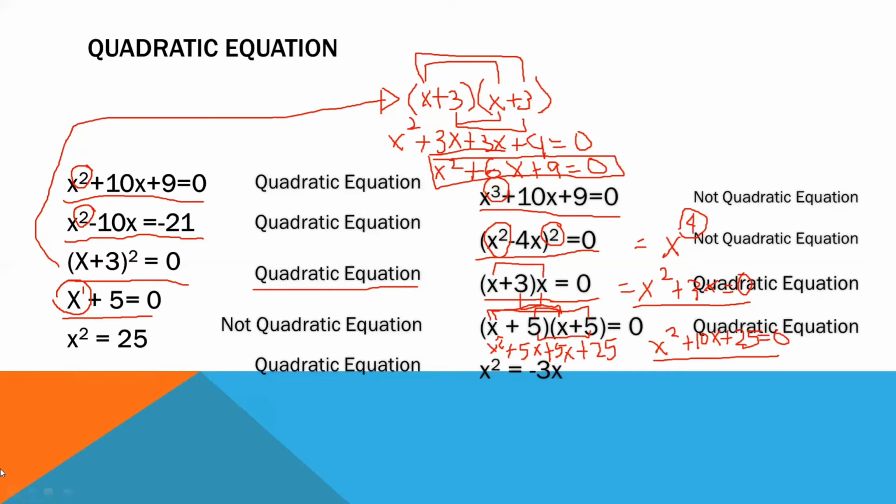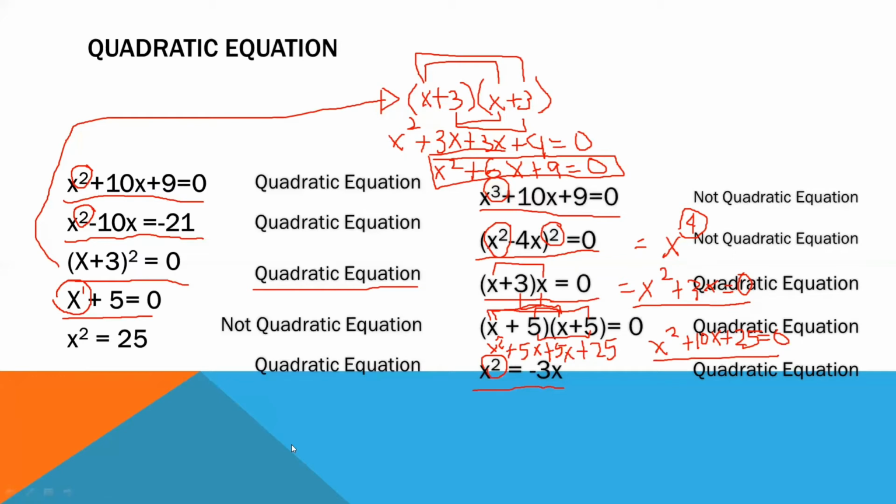And then the last one is x squared is equal to negative 3x. Since we have a highest degree of 2, this equation is considered a quadratic equation. So, again, to simplify or to identify if the equation is quadratic, simplify it first if needed.